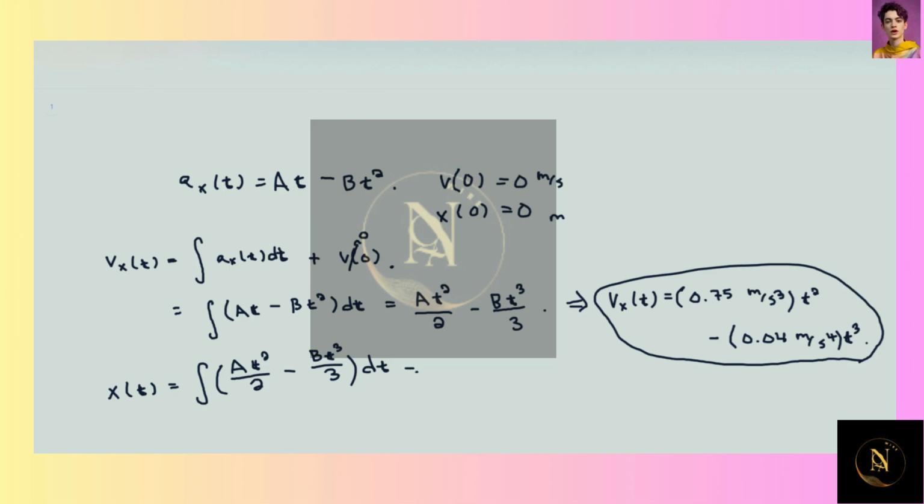And when I integrate this and then plug in for a and b, I will get a t cubed over 6 minus b t to the 4th over 12, which will yield 0.25 meters per second cubed, wrapped in parentheses, times t cubed, minus 0.01 meters per second to the 4th times t to the 4th.